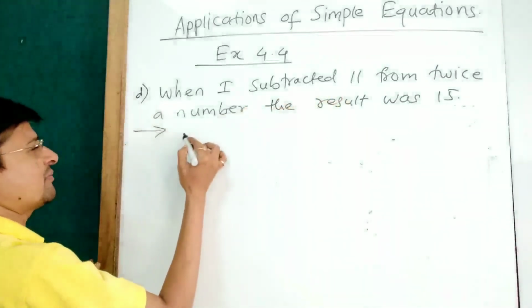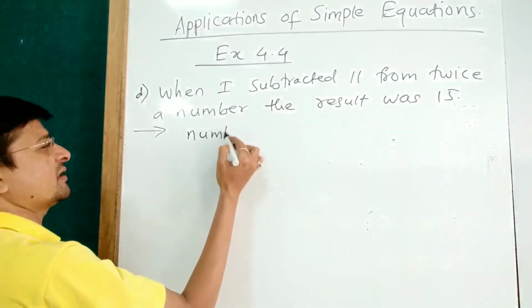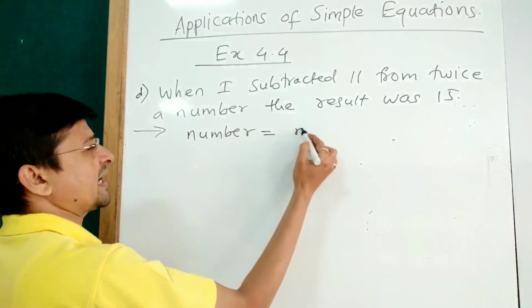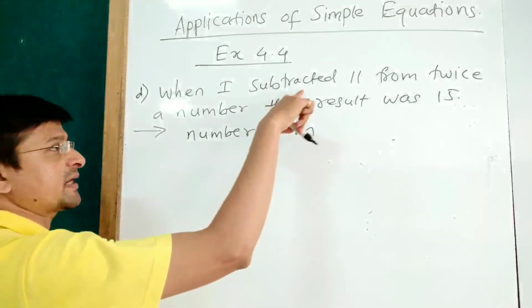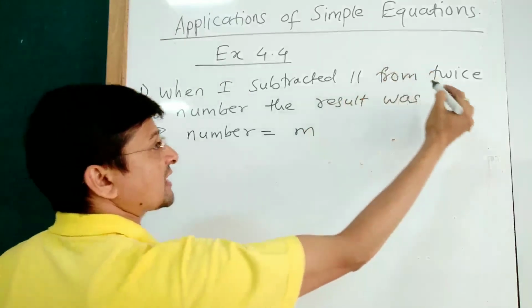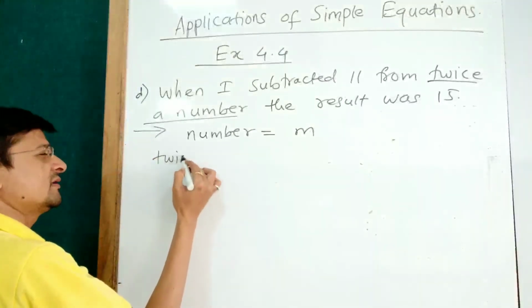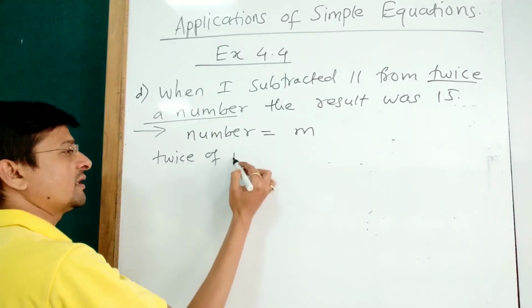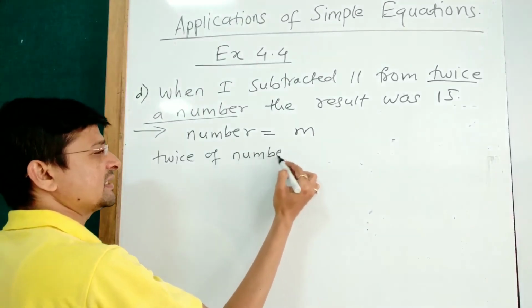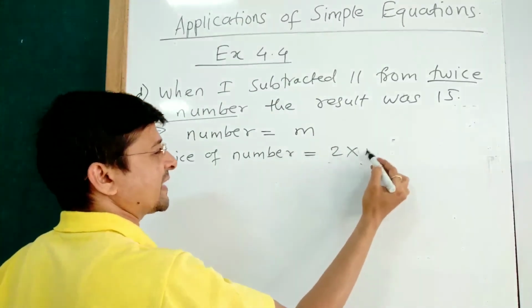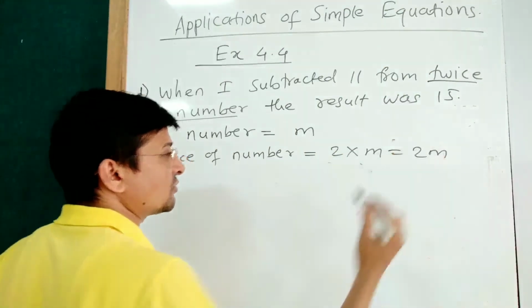Now suppose the number is m. Now I subtract 11 from twice the number. So here first of all we write twice the number, that means 2 multiplied by m is equal to 2m.